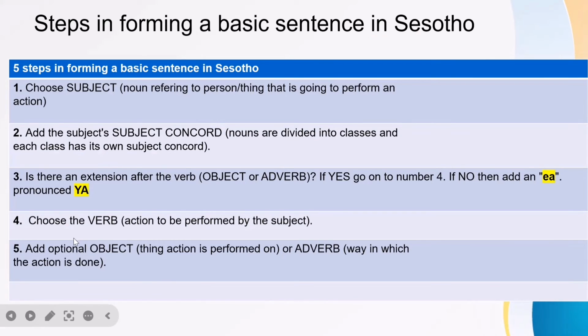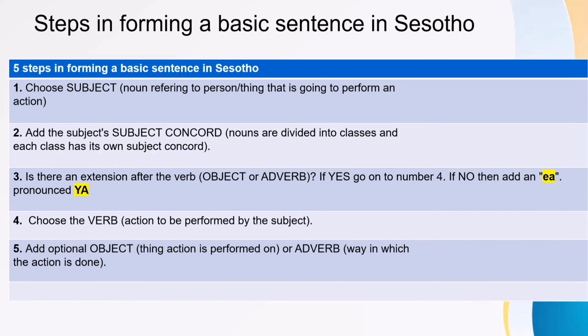Now, these are the 5 steps in forming a basic sentence in Sesotho, in this order. Number 1, you choose a subject, which is a noun referring to a person or thing that is going to perform an action. Number 2, you add the subject concord. These are the nouns which are divided into classes, and each class has its own subject concord. Remember to go to the list that I've provided in order to know which subject concord to use.